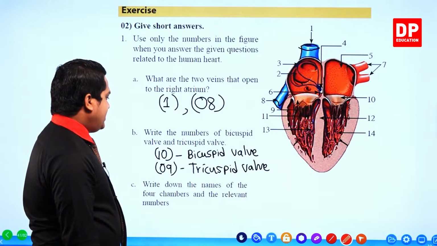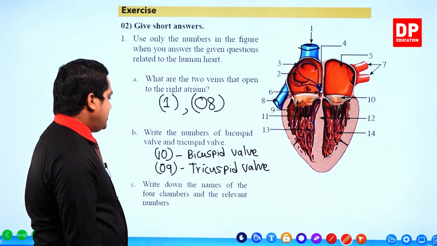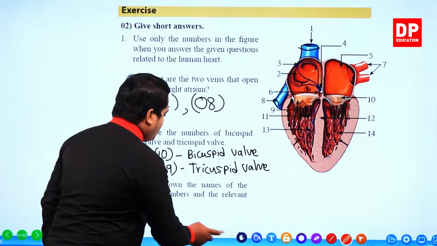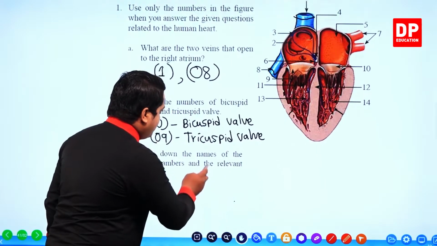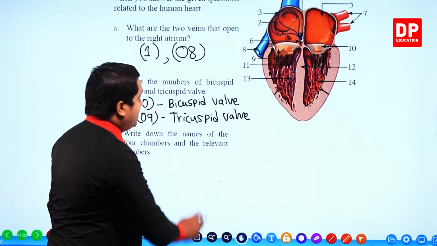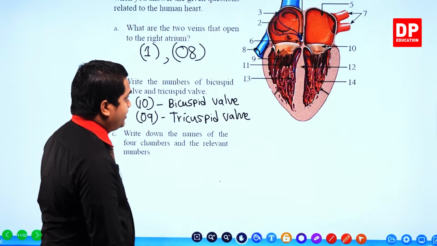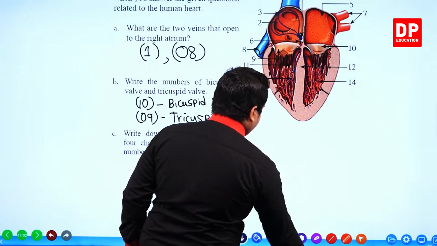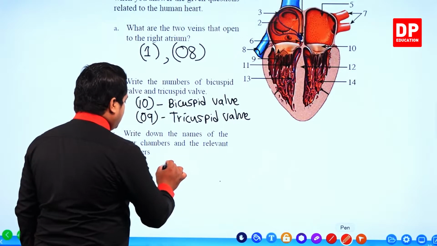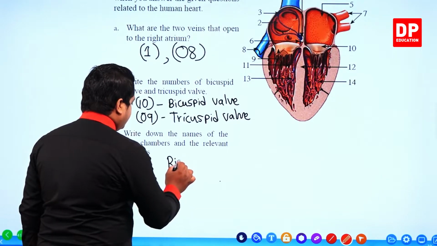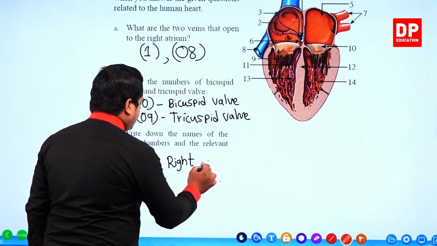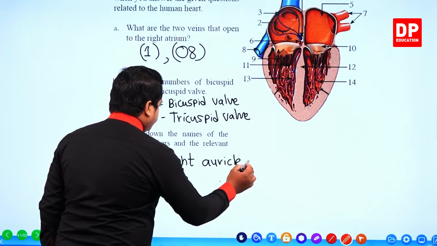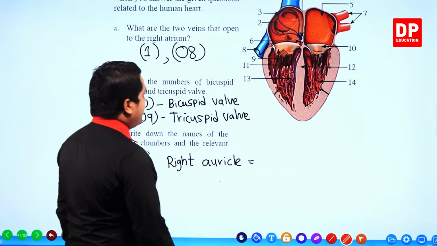Write down the names of the 4 chambers and the relevant numbers. They are asking to write down the names and the numbers both. Okay then. Write right auricle.